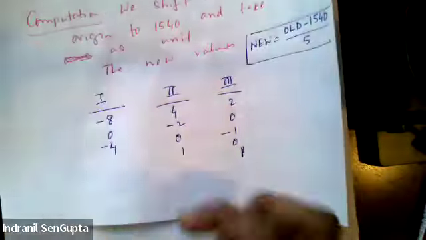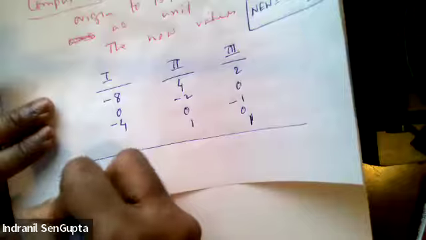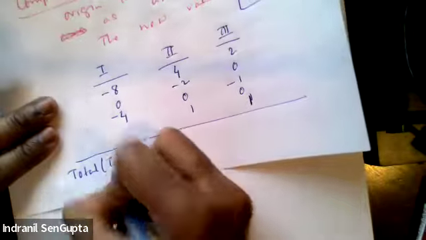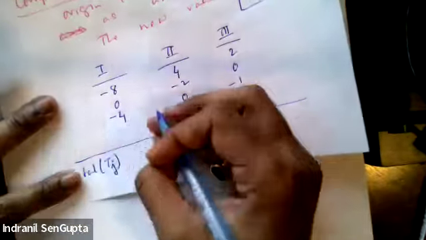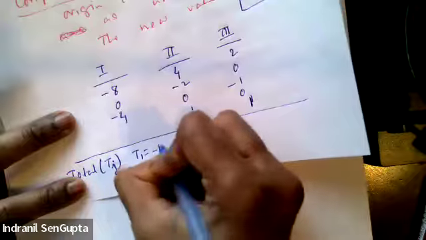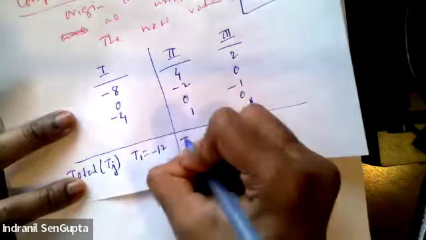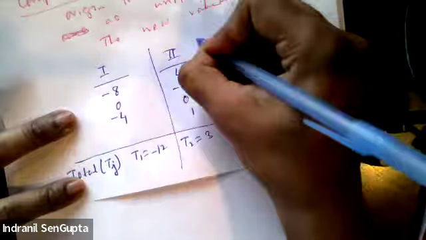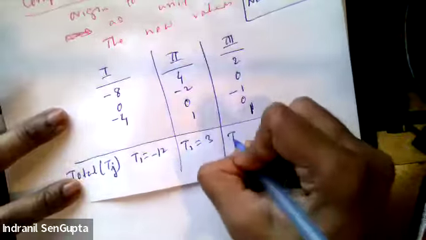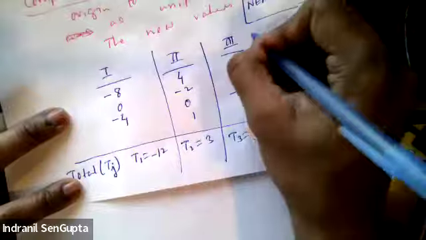Much simpler. So what is the total here? The total, which I wrote as Tj: T1 is -12, T2 is 3, T3 is 2.